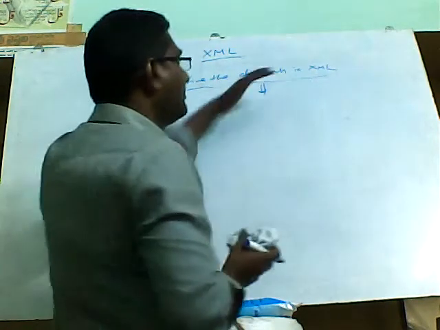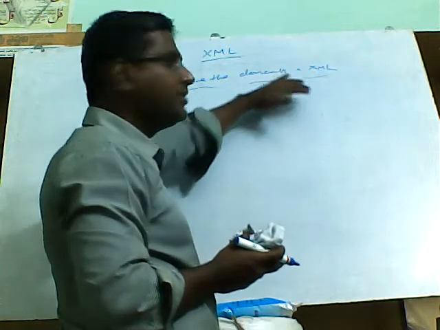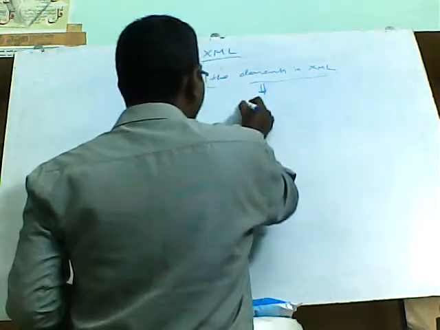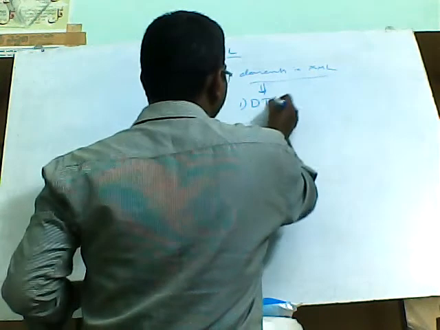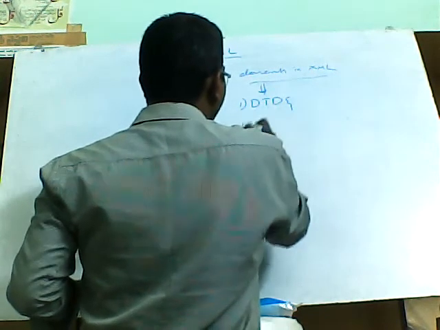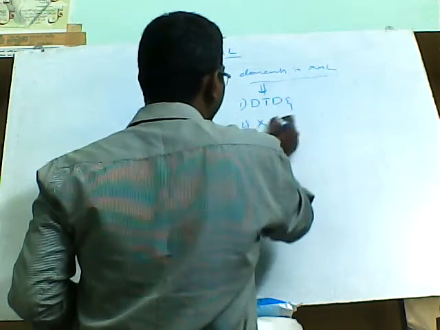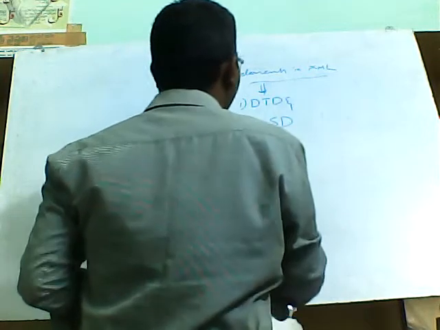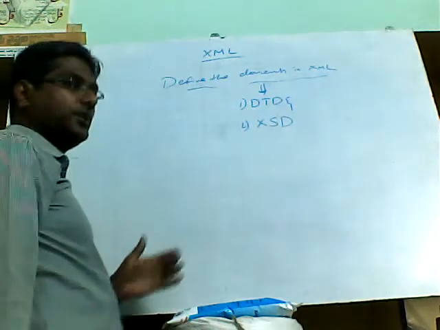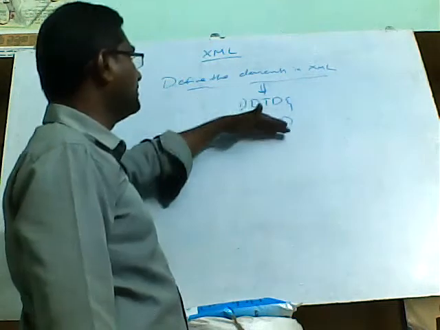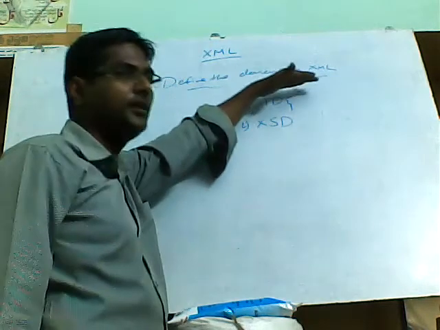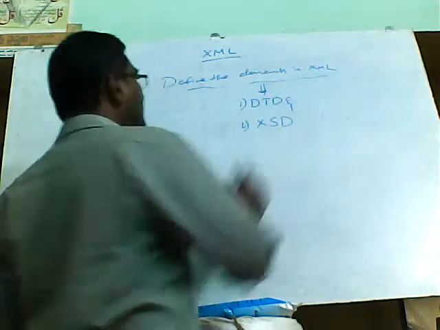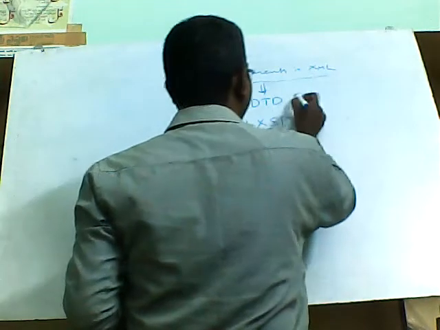You can describe an XML document by using two methods. One is DTD and another one is XSD. These are two different techniques that we can use to describe an XML document.